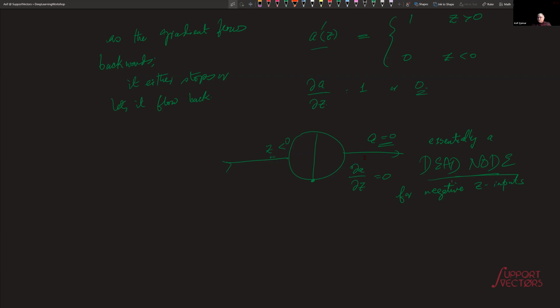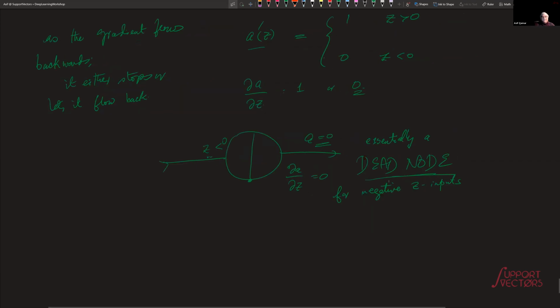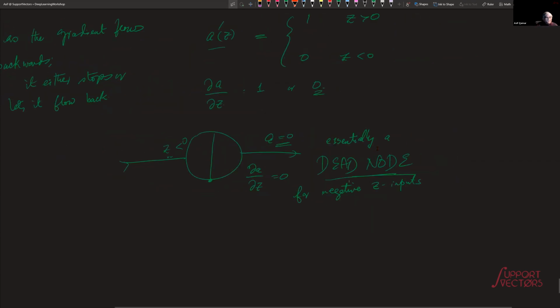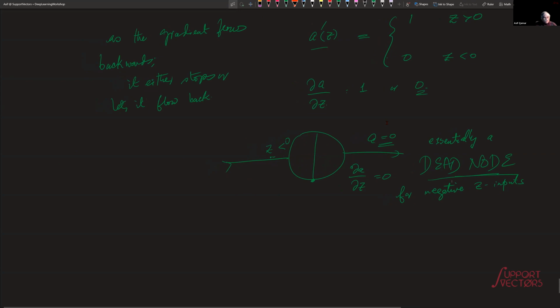To solve that, people did all sorts of tricks. So they said leaky ReLU. The leaky ReLU says that here the slope is 1, but here the slope is alpha, a very small value.